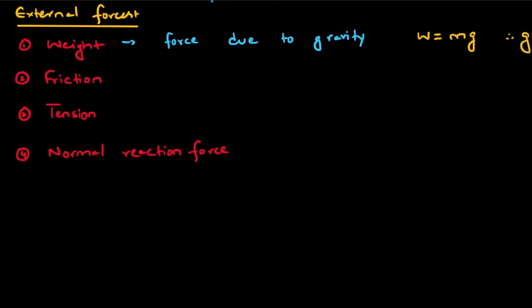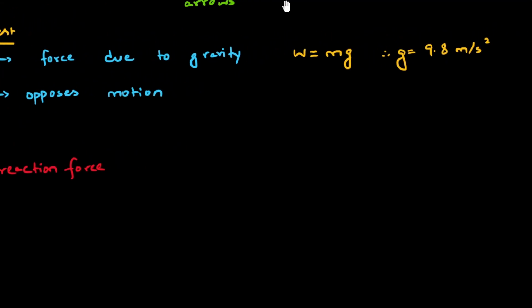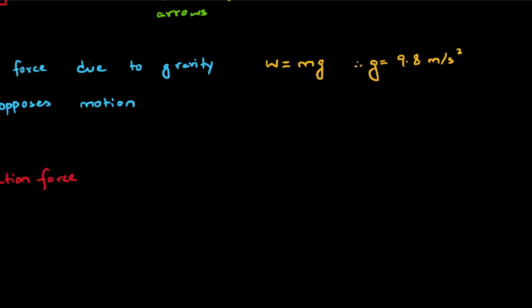And then we have friction. To put it simply, friction is the force that opposes motion. It acts parallel to the surface and opposes motion. Friction is represented by the formula F = μN.